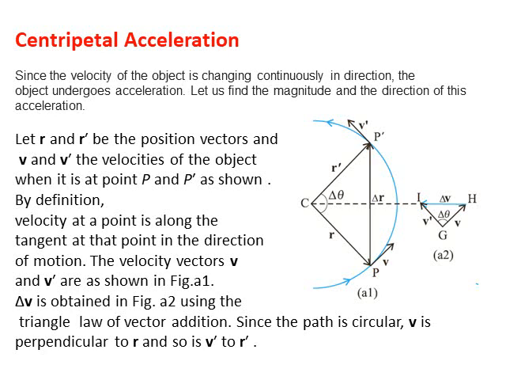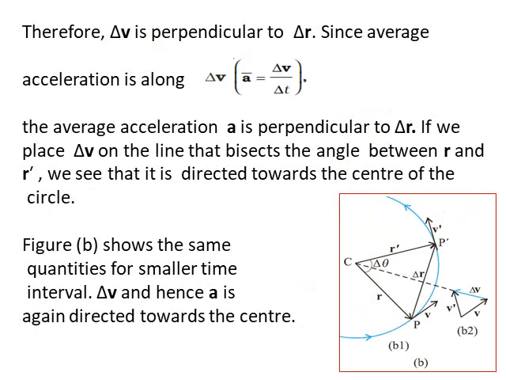The vectors V and V dash are displaced by making the same angle delta theta, and we have used the triangle law of vector addition to find delta V. Therefore, delta V is perpendicular to delta r, and average acceleration is along delta V. The value of average acceleration will be delta V by delta t, the change in the velocity upon the total time interval.